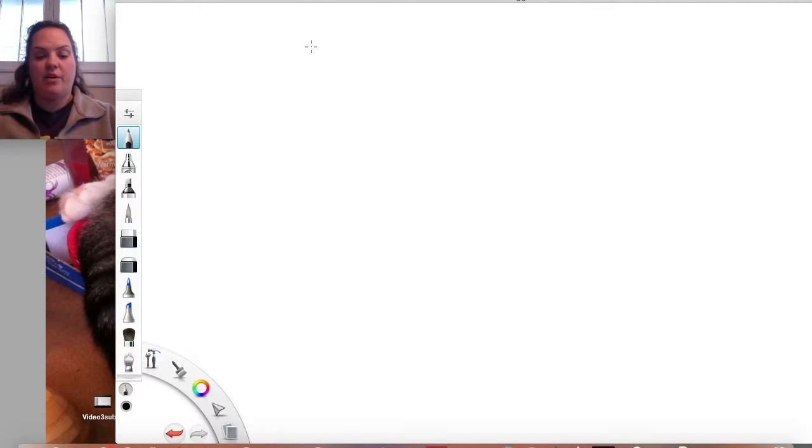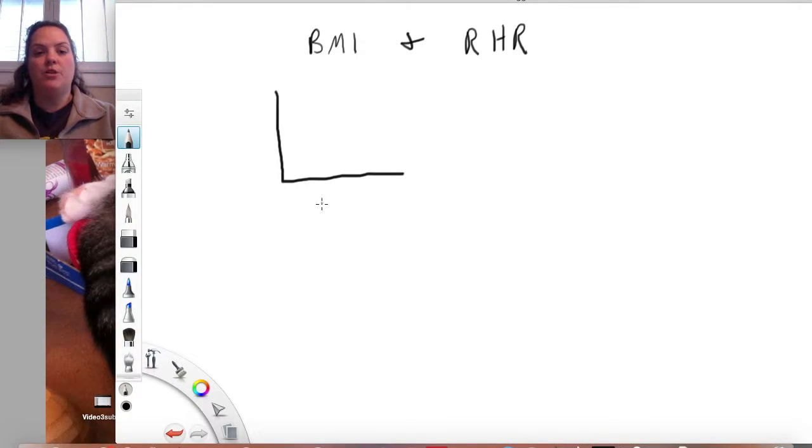So let's take, for example, body mass index and resting heart rate. And I'm just going to shorten them. So when we think of a biological mechanism for causing an effect, what do you think is more plausible? Do you think that changes in body mass index lead to changes in resting heart rate?